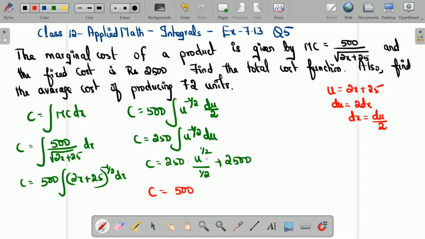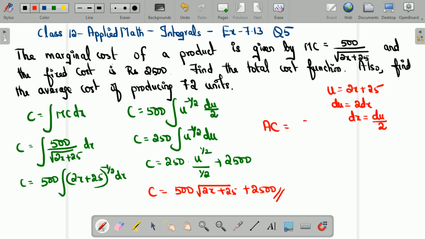So 500, u is nothing but just the root of u is going to be 2x plus 25, you have a half, so this is root of 2x plus 25 plus 2500, that includes the fixed cost. So the total cost function can be given as C is equal to 500 into root of 2x plus 25 plus 2500.